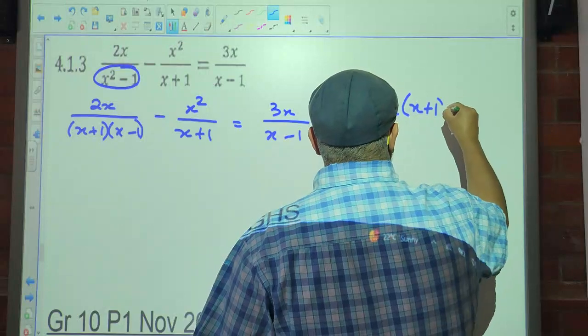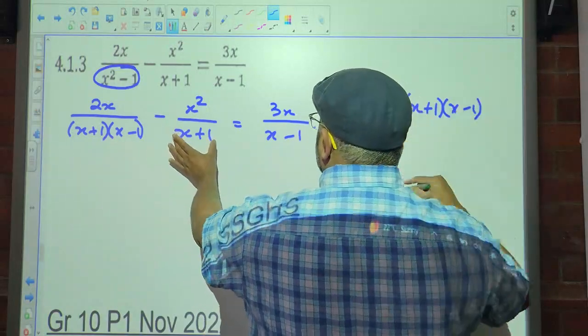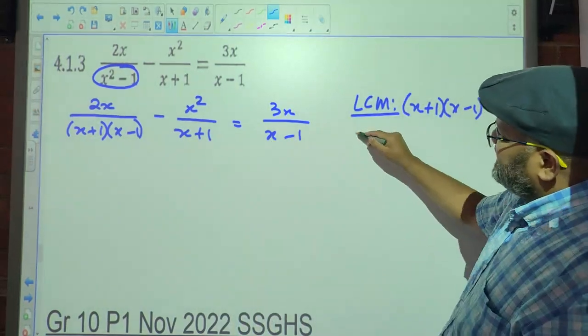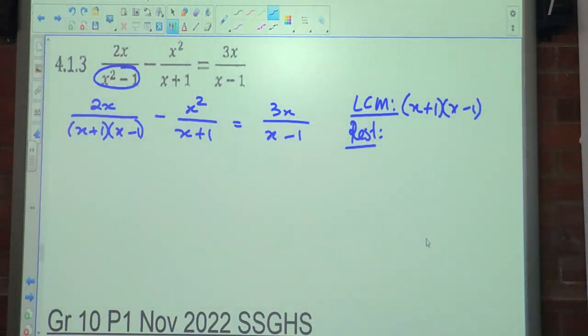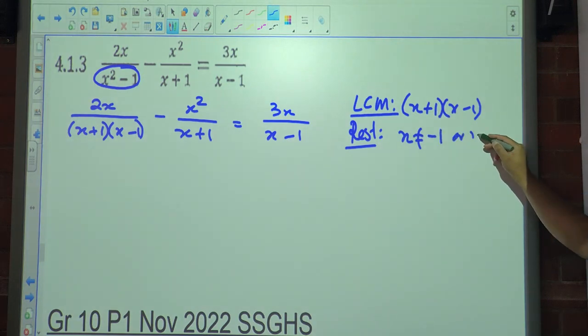X plus 1, x minus 1. That's coming from the first bracket. But if you look at the second one, that's already accounted for there. And x minus 1 is already accounted for. We get the restriction. What's my restriction here? X cannot be equal to 1 or minus 1, not so? Otherwise the sum will be undefined.